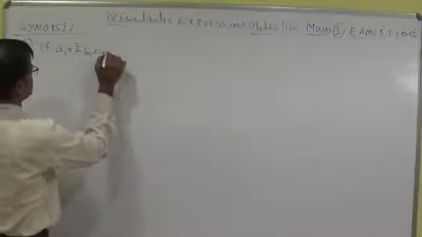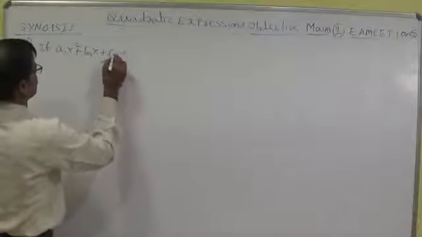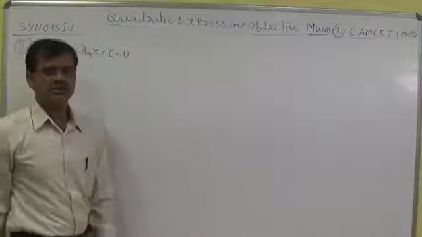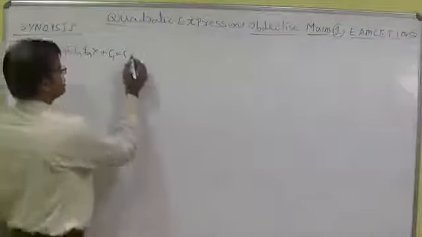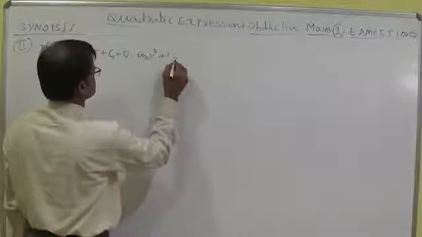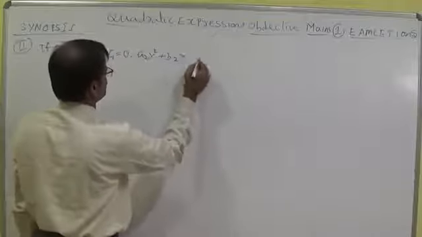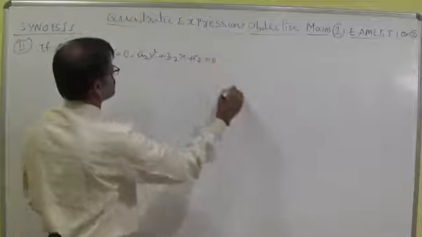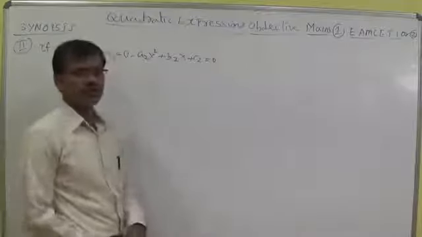If a1x square plus b1x plus c1 equal to 0, this is a quadratic equation, the first quadratic equation. a2x square plus b2x plus c2 equal to 0. There are two quadratic equations.